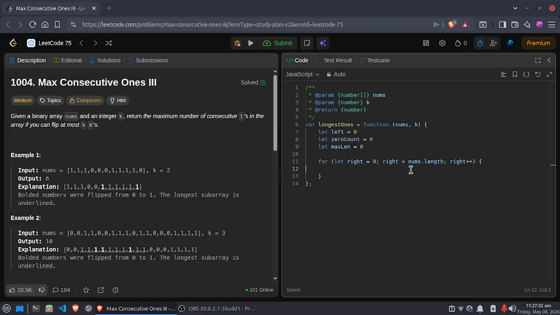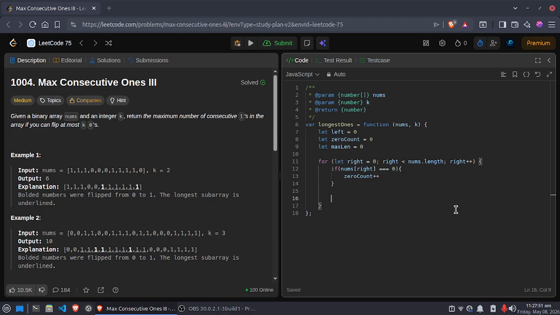Just a normal for loop I start here, and if nums of right is equal to 0, we make zeroCount plus plus, means we see a 0 here.